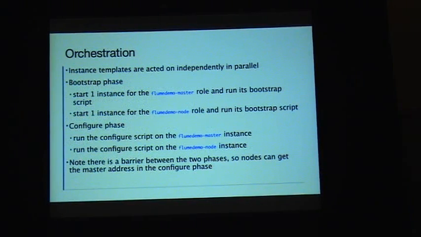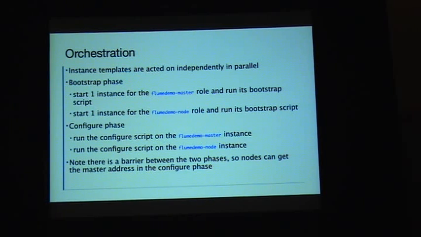And the key point here, just to re-emphasize, is the two phases. We've got the bootstrap phase and the configure phase. In each case it's important to understand that the templates are acted on in parallel. So the Flume demo master and the Flume demo node instances and scripts are running at the same time in the bootstrap phase.